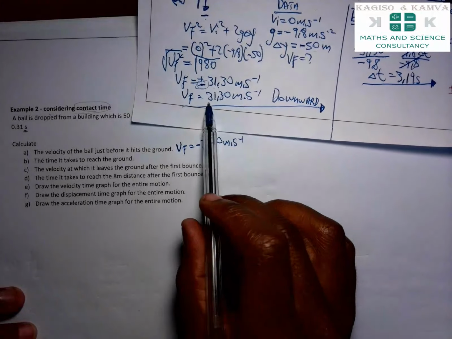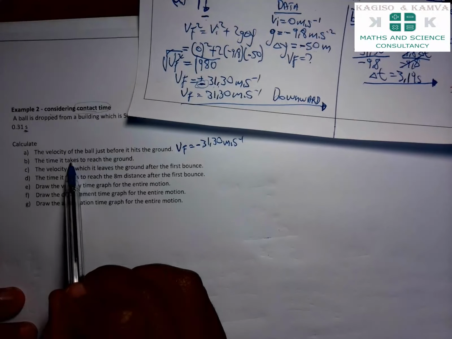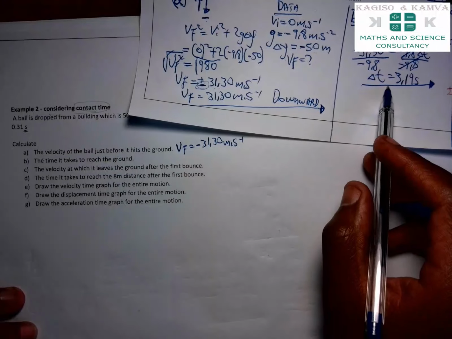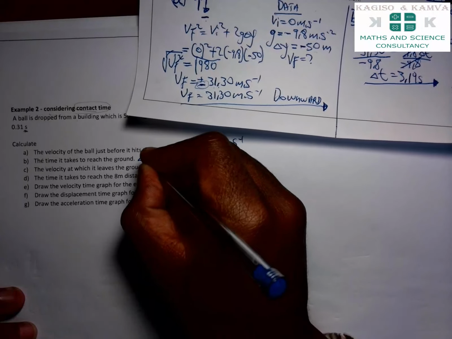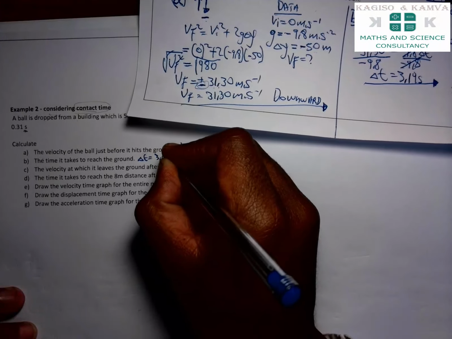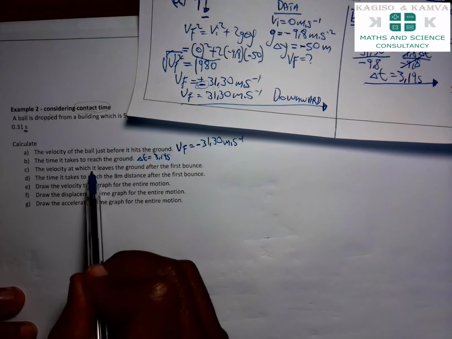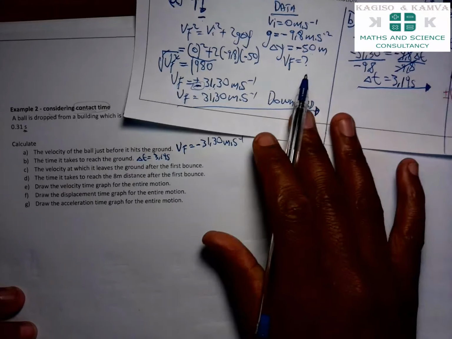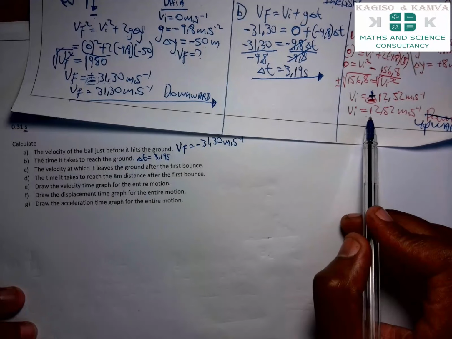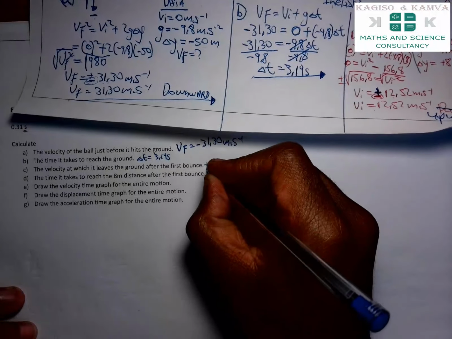Okay, we calculated it here. Now B, the time it takes to reach the ground, that is 3.19 seconds. The velocity at which it leaves the ground after the first bounce, we managed to get that here.